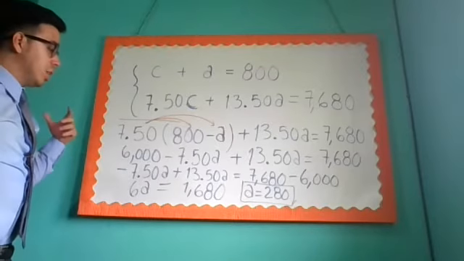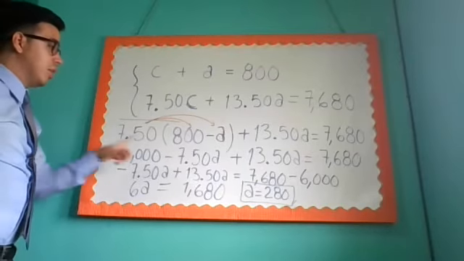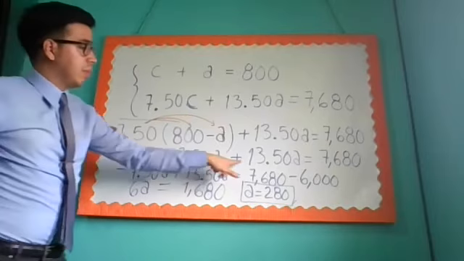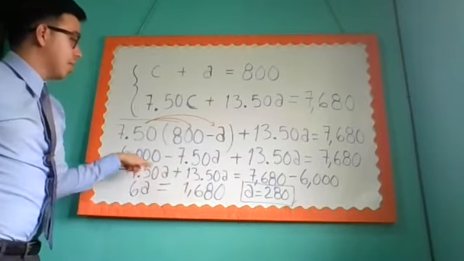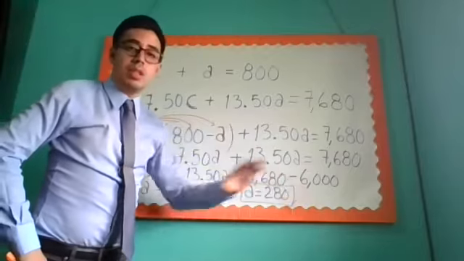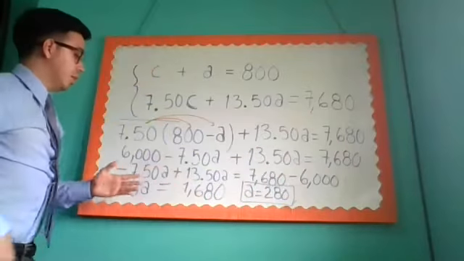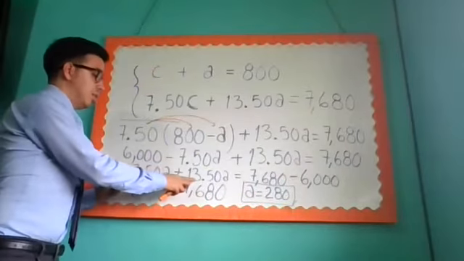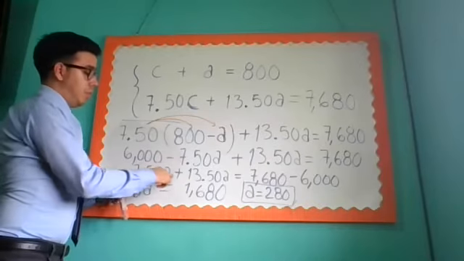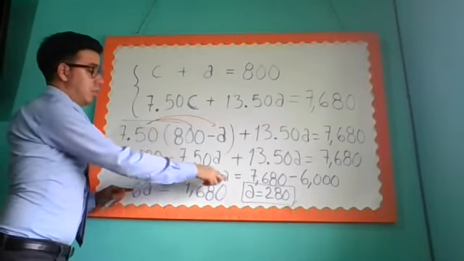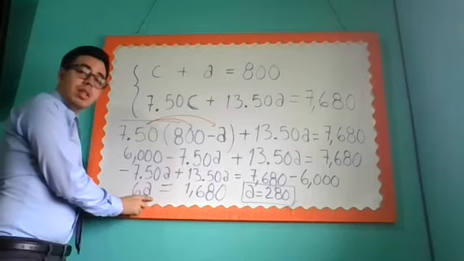You pass the numbers that have the same variable. Okay, you have negative 7.50 plus this one, and I pass the 6,000 to the other side with the numbers that don't have any variable, and I solve. The numbers that have variable are these two, so you subtract negative 7.50 plus 13.50, you obtain 6, okay, 6A.